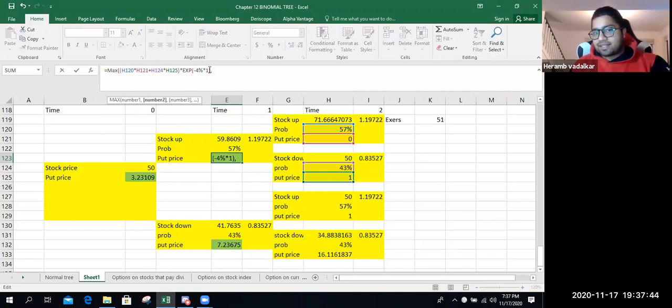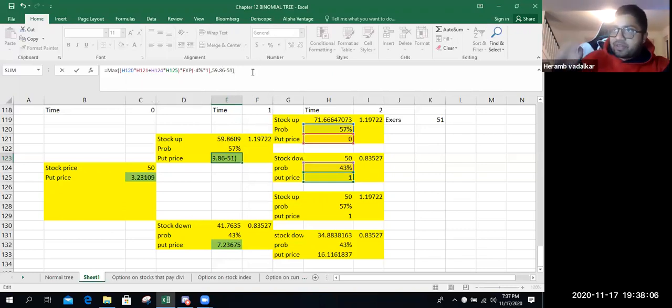Keep it as it is, put a comma, and put can be exercised early if it is an American. If it exercises early, it will be stock price 59.86 minus 51. So you have to put an additional step if it is an American option. Calculate the European price, compare it with exercising early. Whichever is more, that will be the option value.